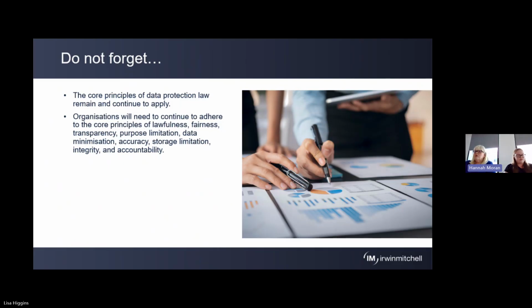So in terms of making sure that any processing is lawful, fair, transparent, you meet data minimization rules, you ensure the data is accurate, you only store it for as long as you need, all of that is still there. These changes don't get rid of UK GDPR, don't get rid of the Data Protection Act. All the core stuff is there, they're just varying certain aspects of it. So that's the end of what we've got to say formally.